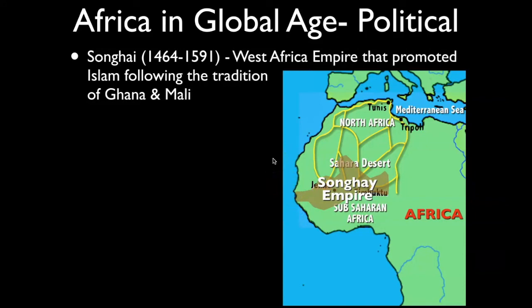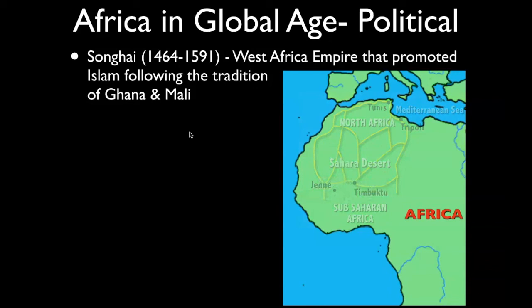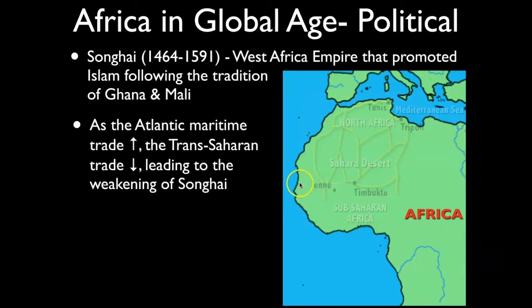It's going to be very similar in terms of its characteristics to Mali and Ghana, following in that Islamic tradition, using the religion of Islam to legitimize the power of the ruler. But that empire is going to be weakened as trade on the trans-Saharan network becomes less important. As Atlantic maritime trade picks up, trans-Saharan trade weakens, leading to a weakening of the Songhai Empire.